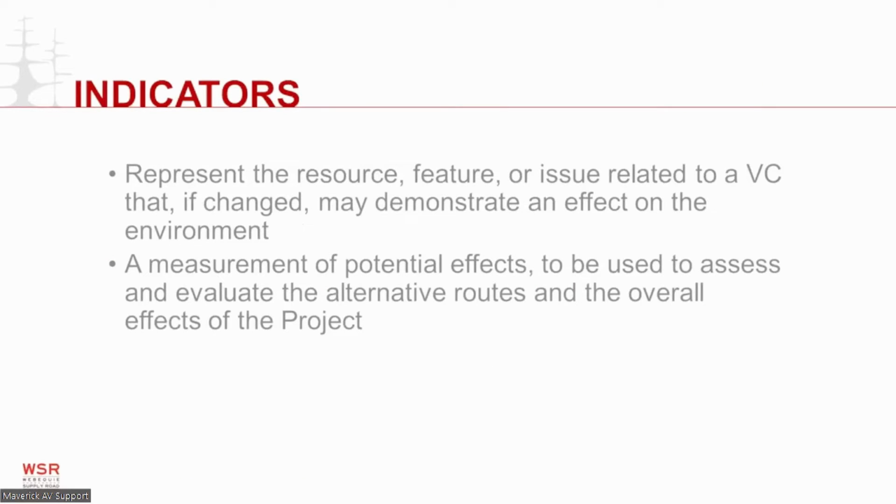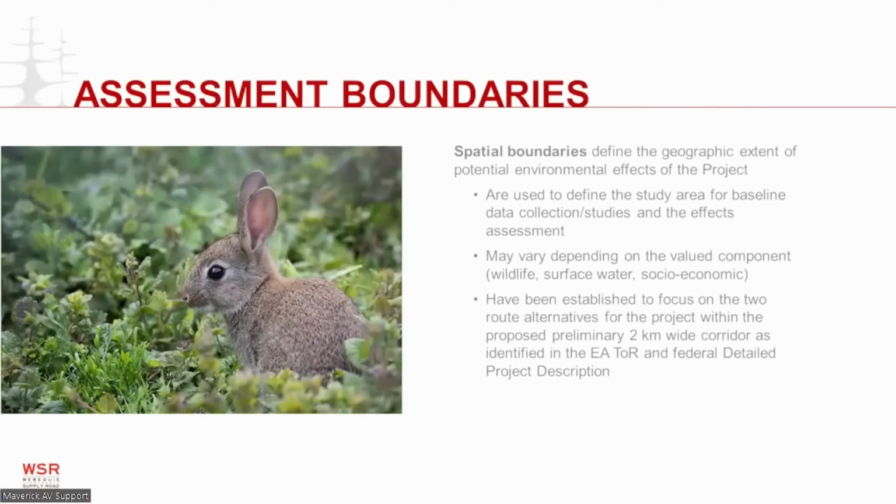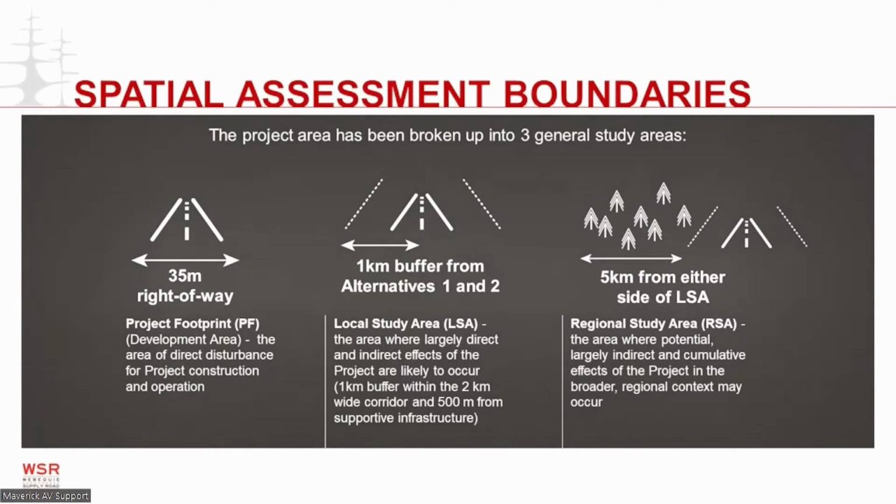Now let's talk a bit about assessment boundaries. For each thing that community members think is important to study in an environmental assessment, a valued component, a study area needs to be defined. These are different depending on the valued component, and that's a very important thing to remember. So there are three general study areas.